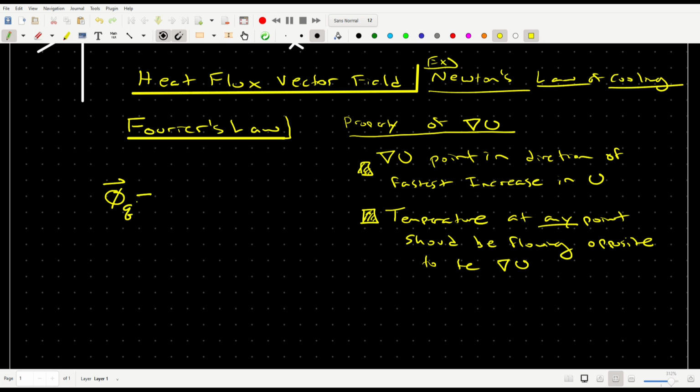This at every point in space and in time should be proportional to negative some constant k times the gradient of u.